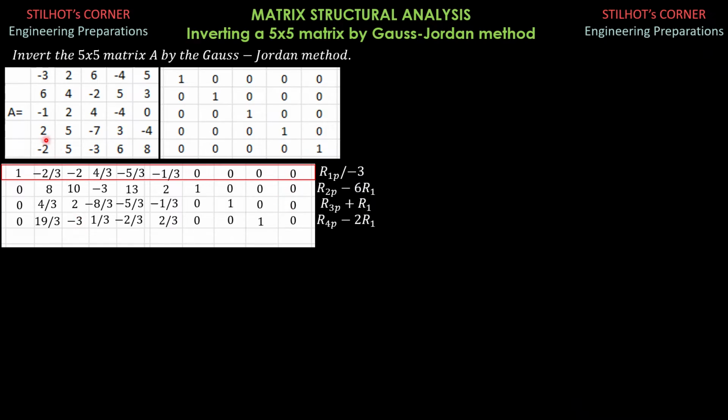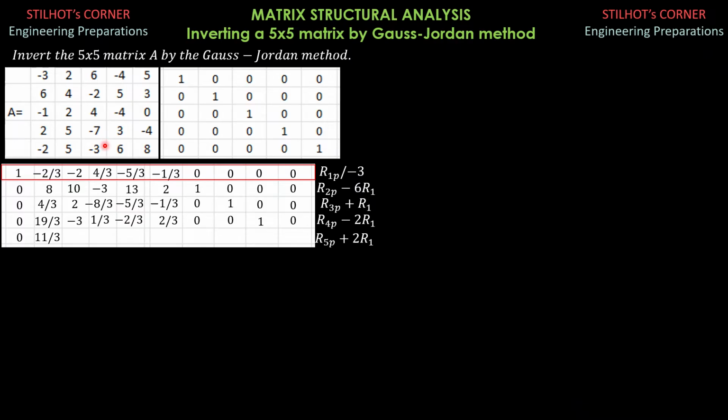Then row 5, this is negative 2. Let's make it 0 like that. So it should be row 5 previous plus 2 times row 1. That's the formula. So that this is 0. 5 plus 2 times negative 2/3 is 11/3.